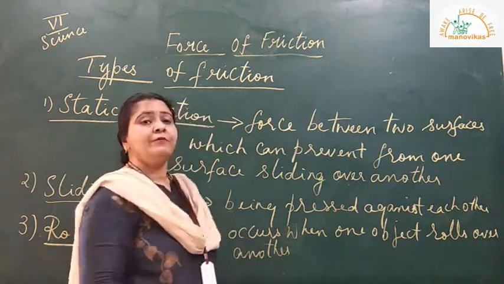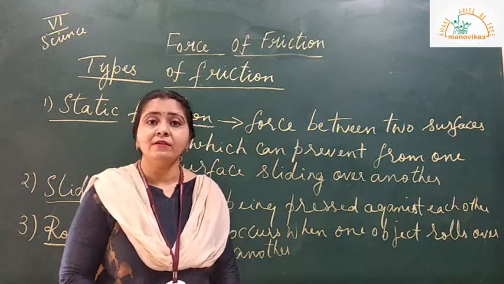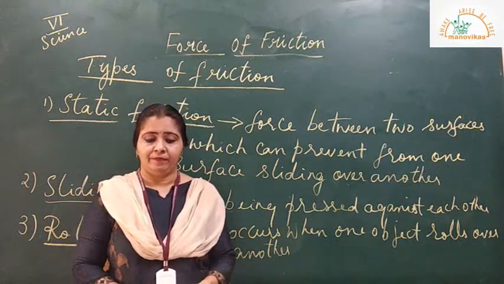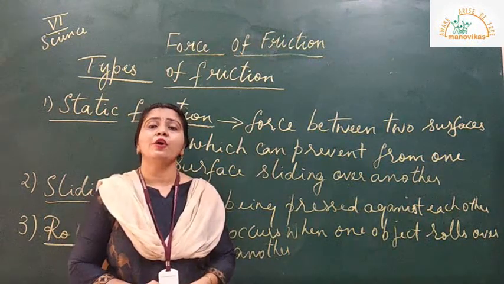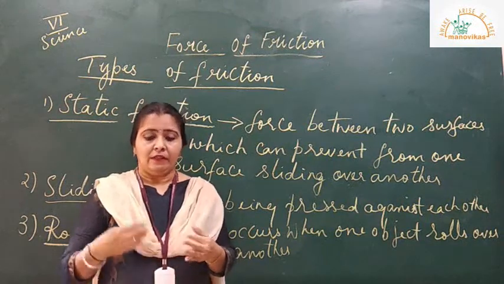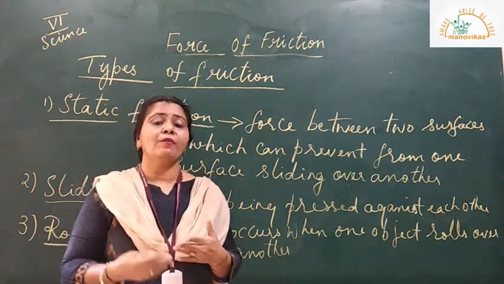That type of friction is known as rolling friction. For example, a ball or a tire of a wheel rolls over a surface.